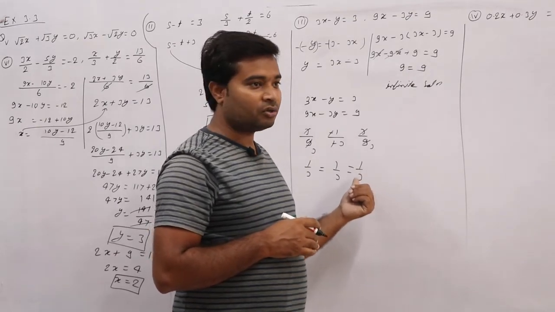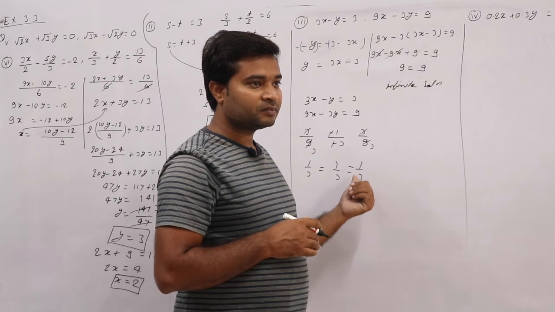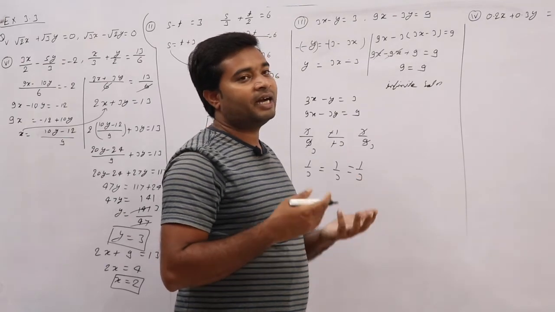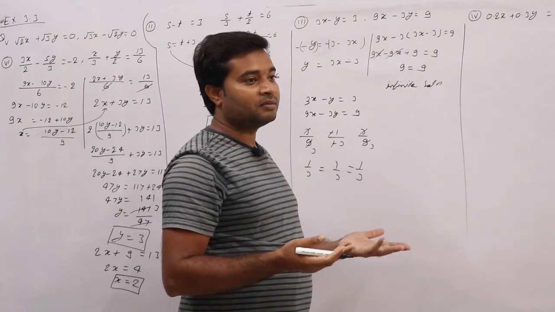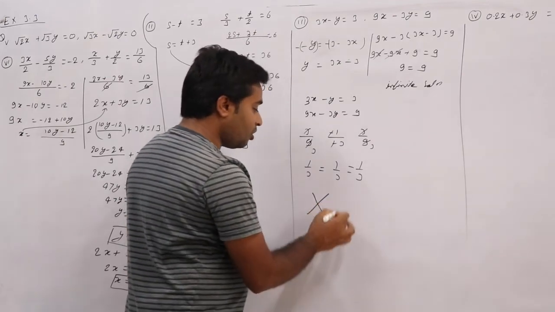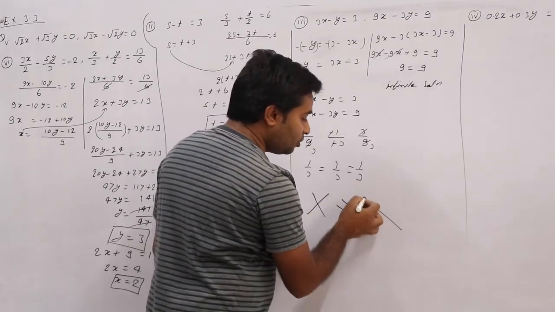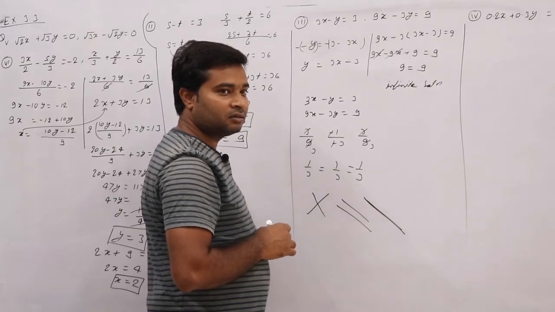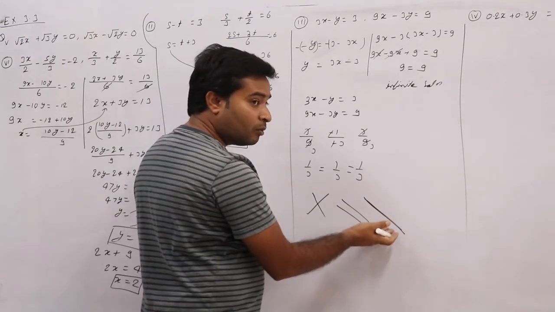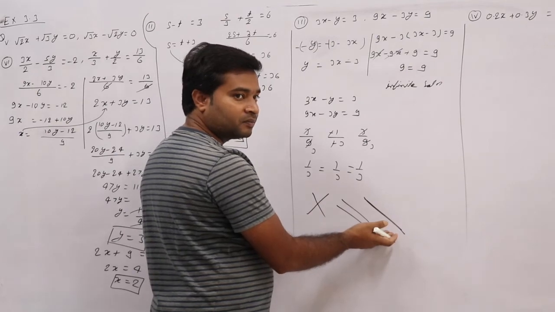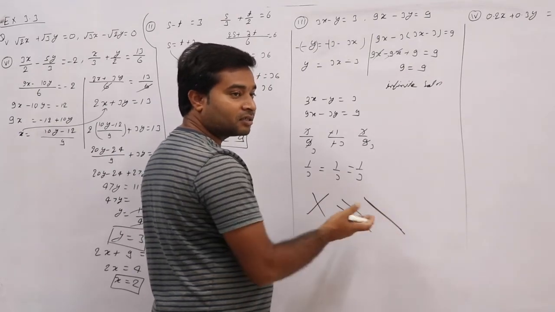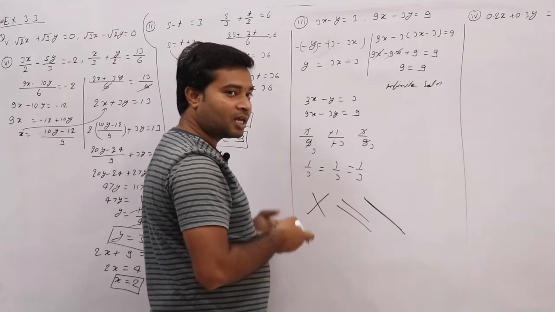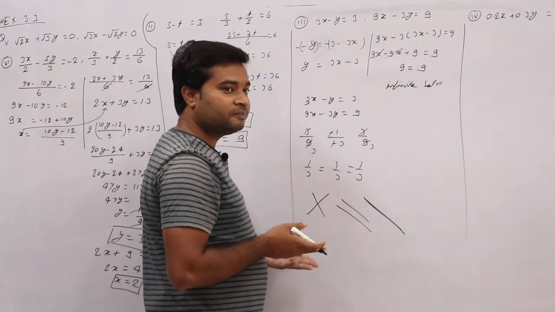It will not intersect or be parallel; both lie on the same line. So the overlapping graph will come. Overlap.